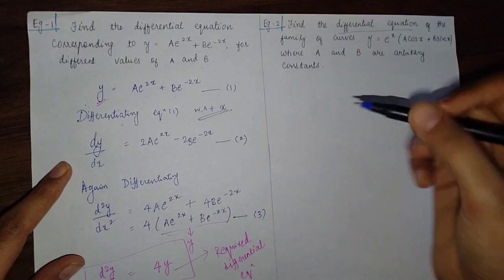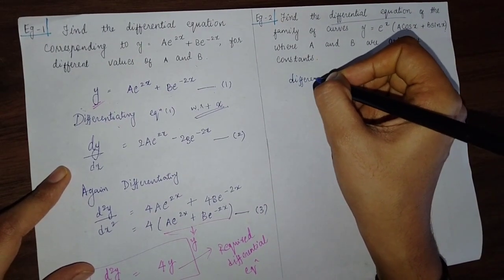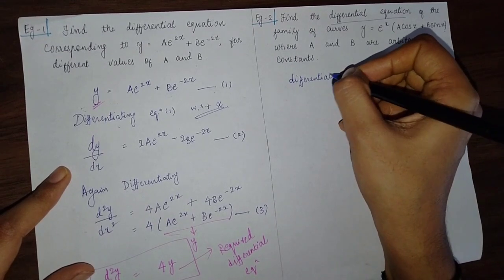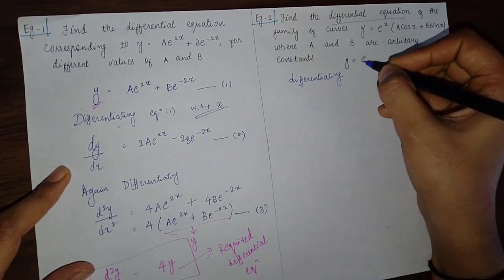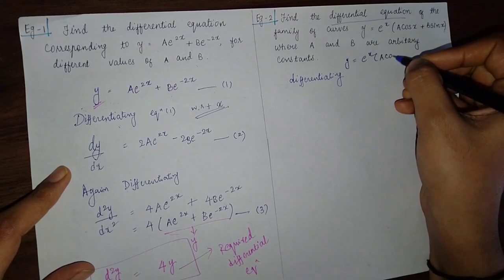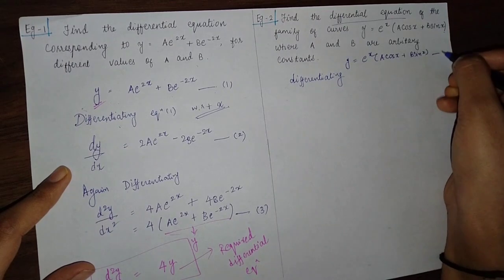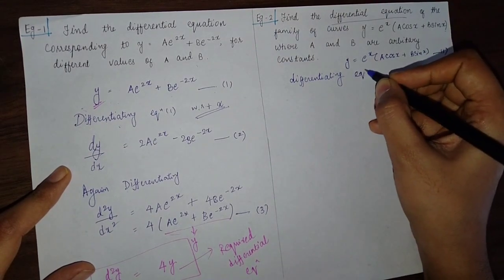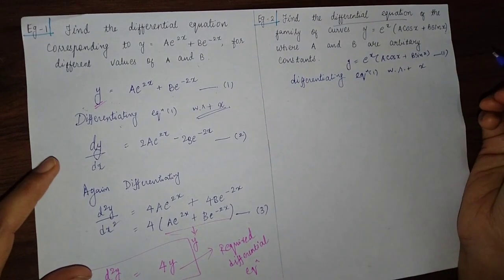Okay. So differentiating, this is y equal to e raised to x, a cos x plus b sin x, and that is our equation number 1. So differentiating equation 1 with respect to x, what we will get?